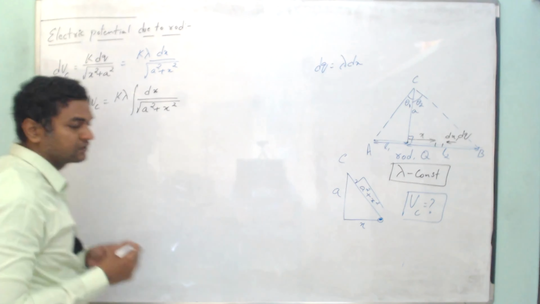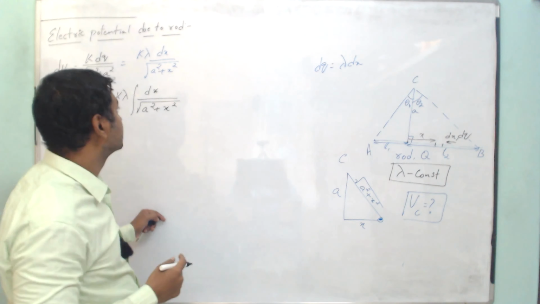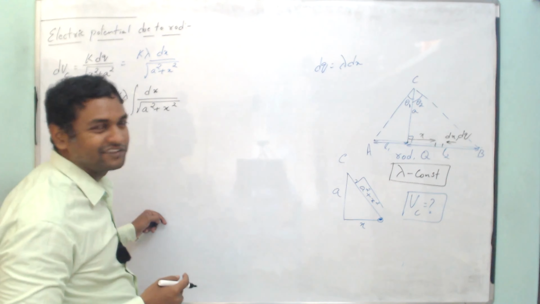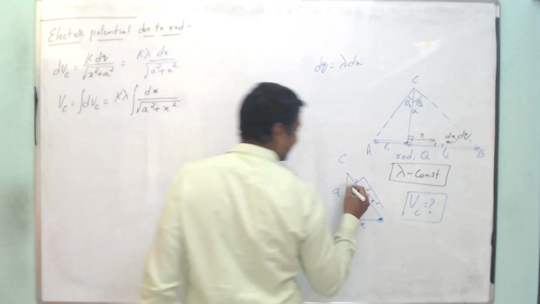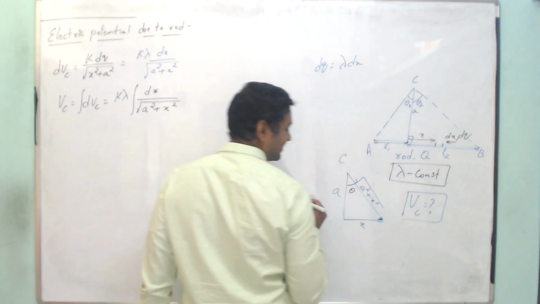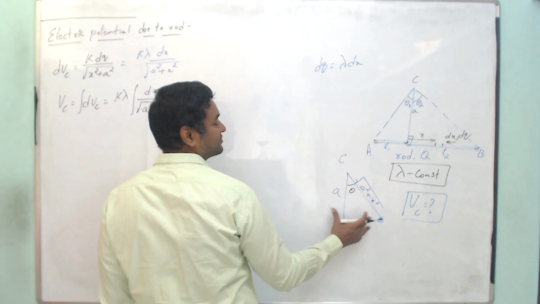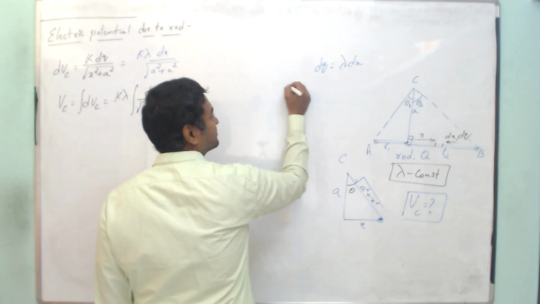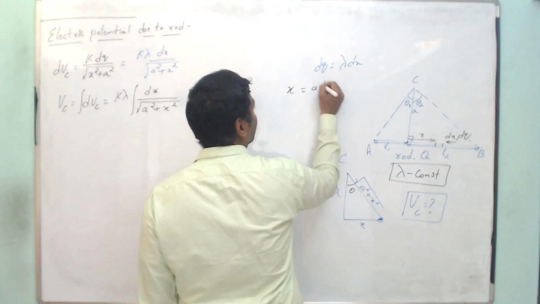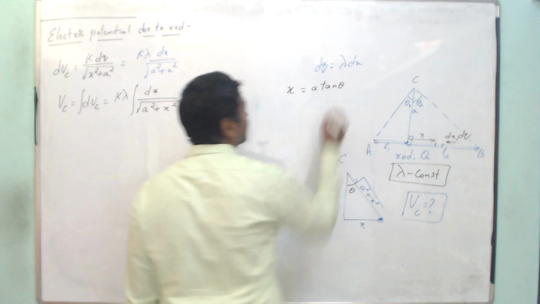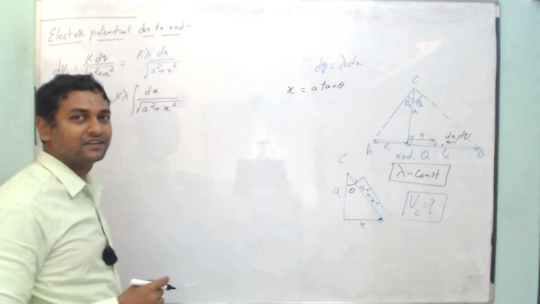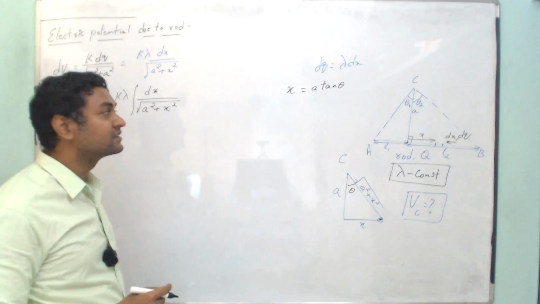I'll take this angle as theta, and using this geometry, I'll make my substitution as x is equal to a tan theta.